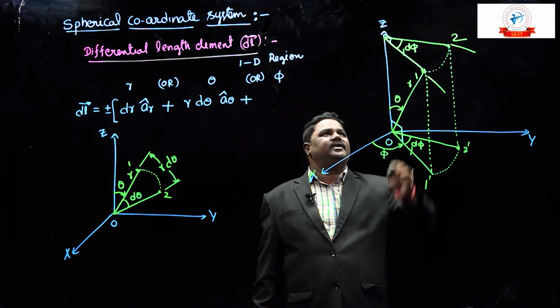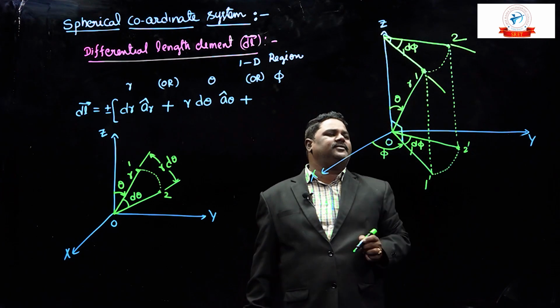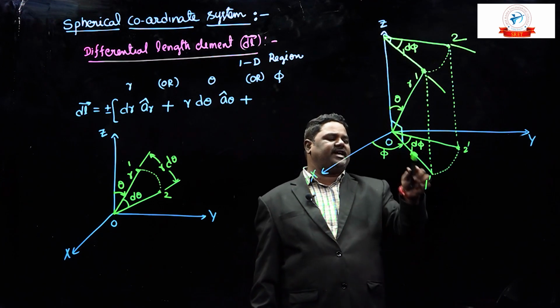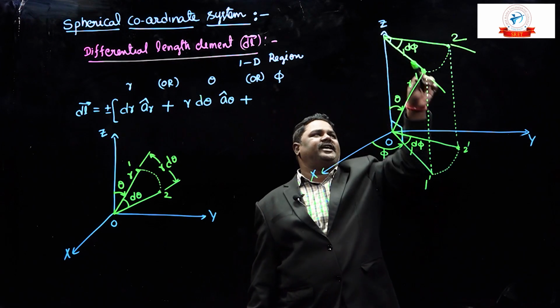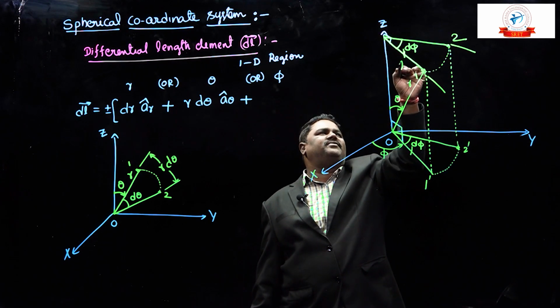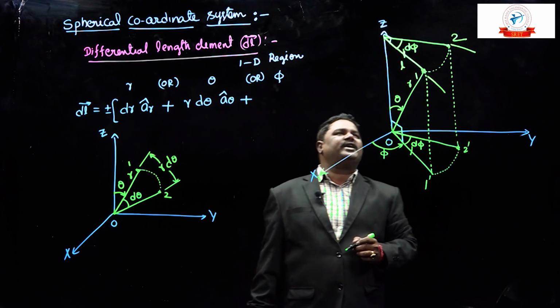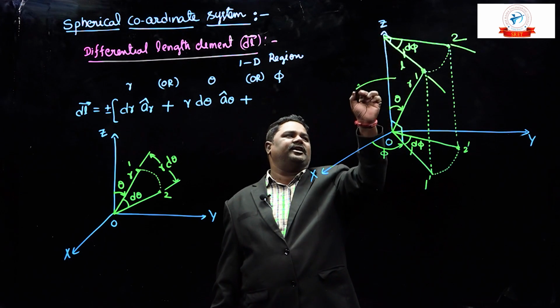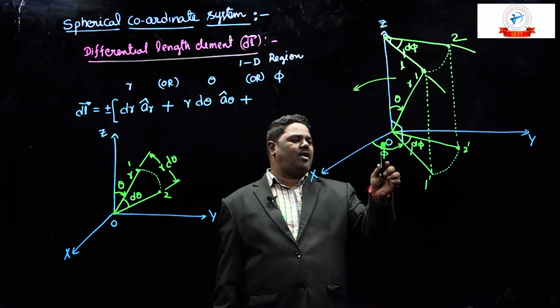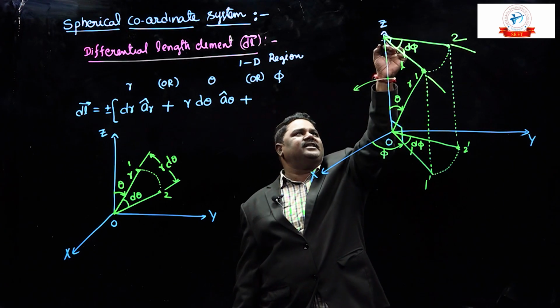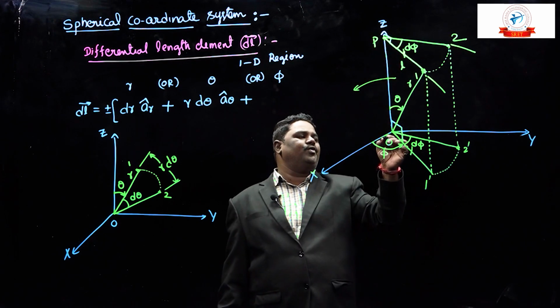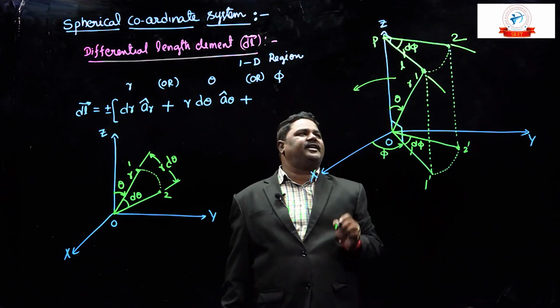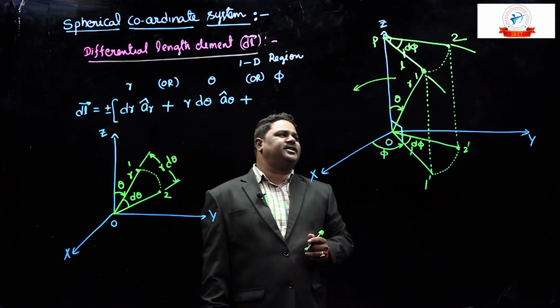What is the length of this side? To find it, I am going to consider this triangle separately. Triangle origin, 1, and I consider this point as P. O1P is the triangle that I would like to consider separately.